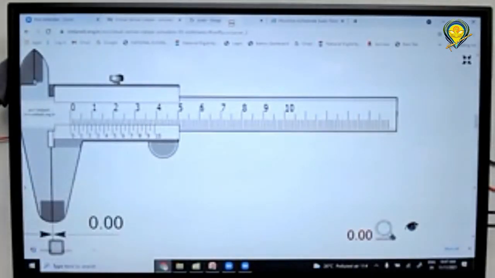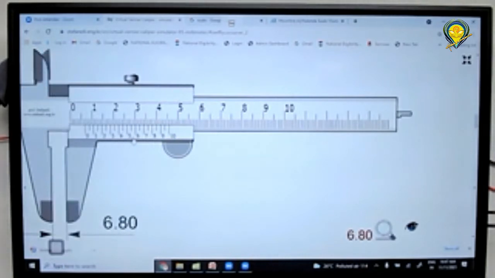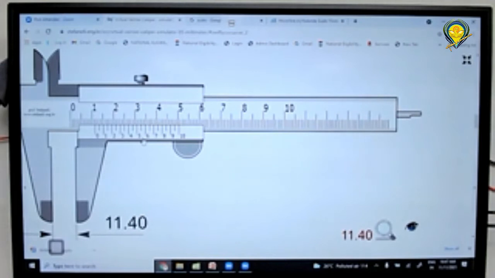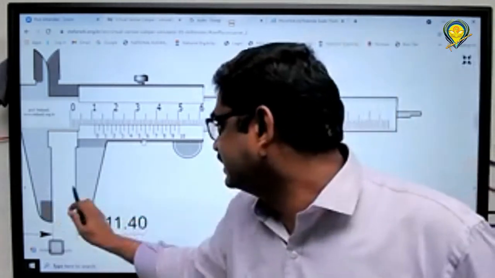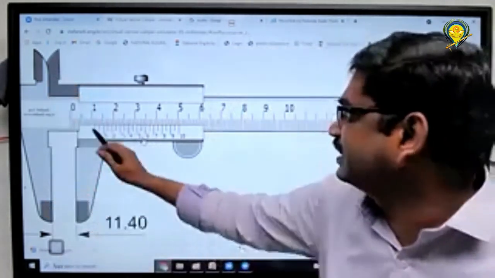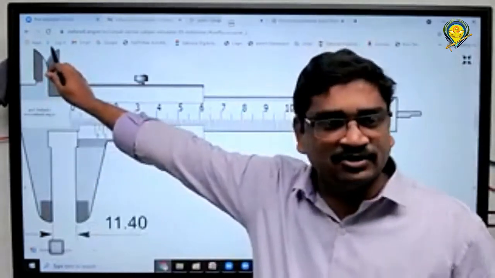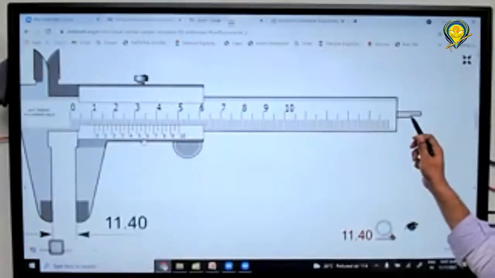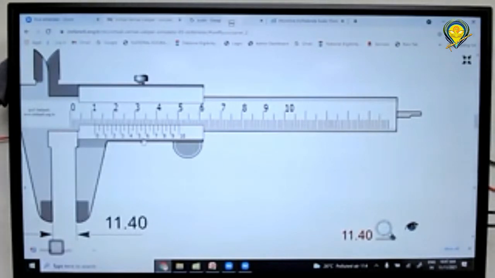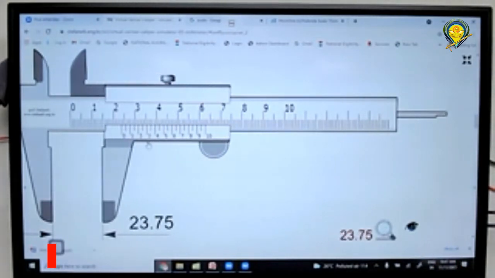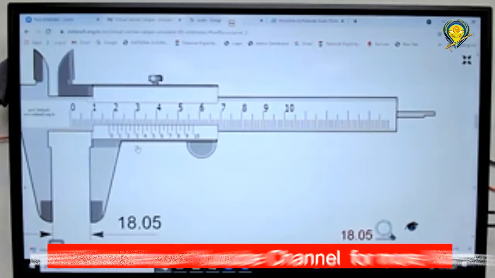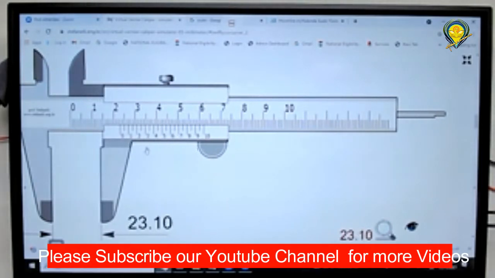For example, if you fix here, then we need to move this one and fix here. Similarly, if you move this one, then this jaw is also going to move. Check it once. Both the jaws are moving, two jaws and that strip also moving.